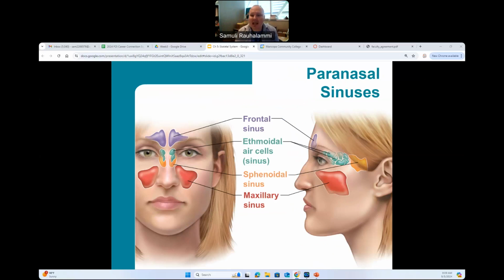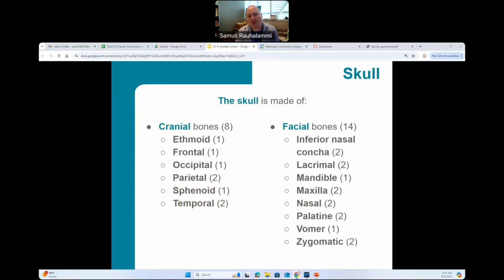And they are always named after the bones within which they are found. So interesting structures worthwhile to consider. That really brings us to wrap up the discussion of the skull bones. I know we've spent quite a bit of time on that, but I think that only emphasizes how important these bones really are and how much is going on.